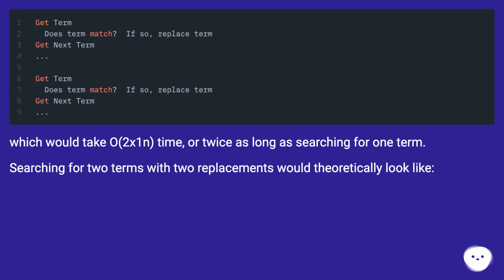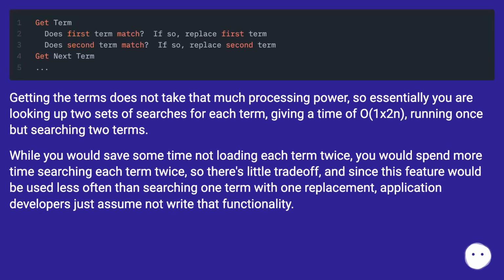Searching for two terms with two replacements would theoretically look like this. Getting the terms does not take that much processing power, so essentially you are looking up two sets of searches for each term, giving a time of O(1x2n), running once but searching two terms.